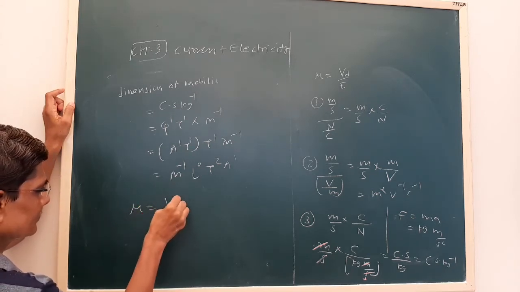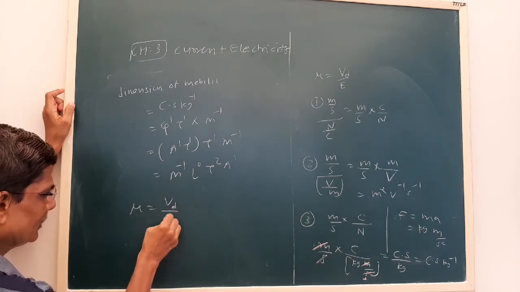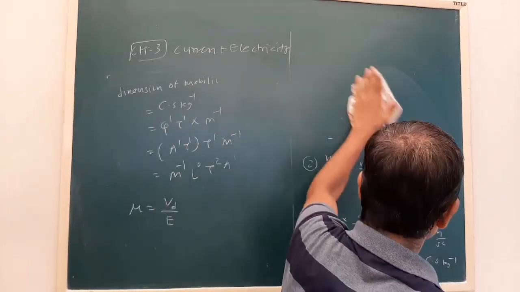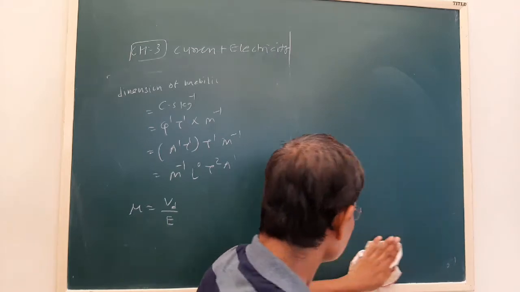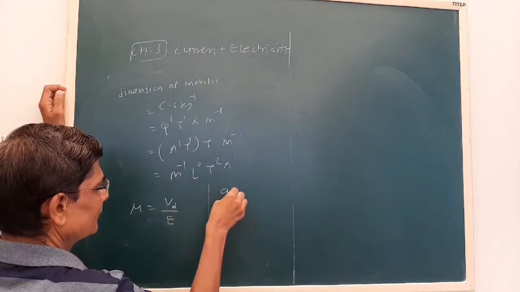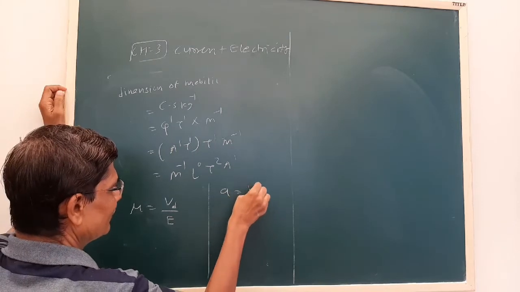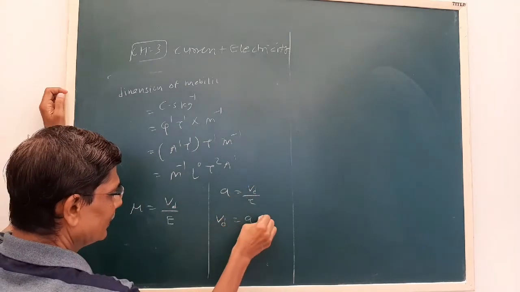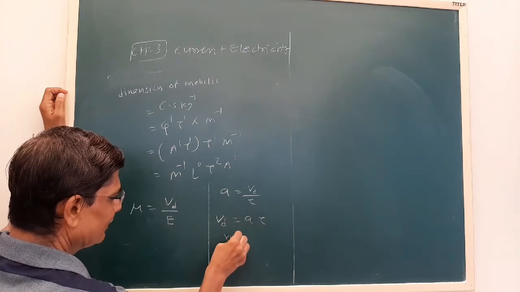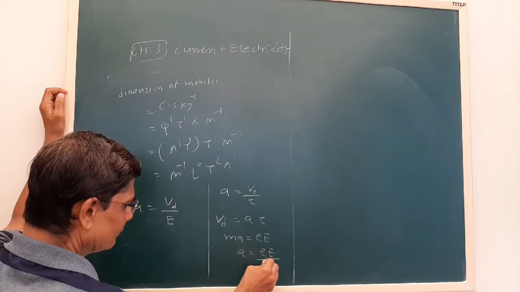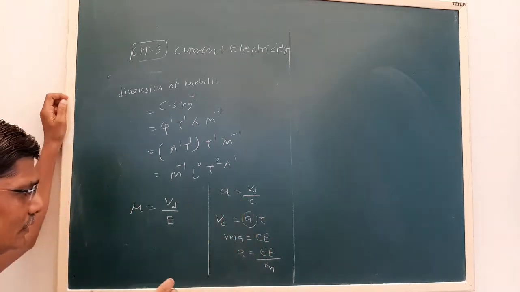Mu is Vd upon E. Now, just now we have acceleration is Vd upon tau. Okay, Vd is a into tau. Now we recall here ma is Ee, a is Ee by m. See that I have to substitute here.